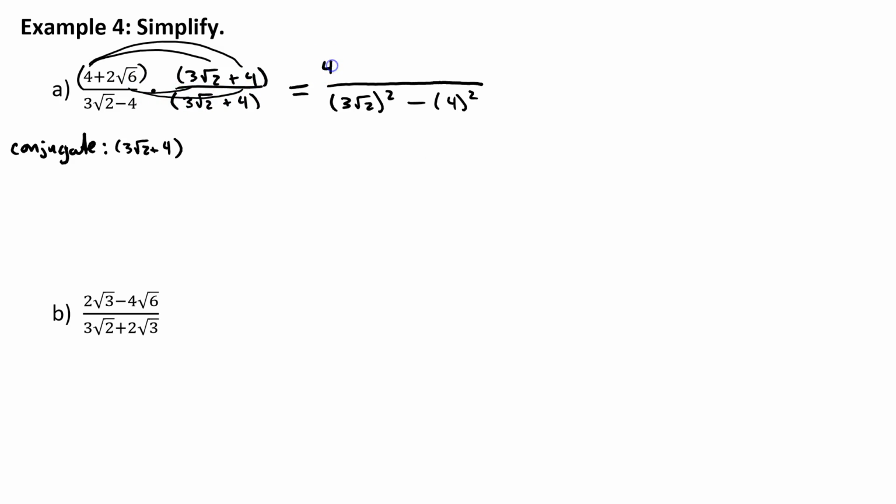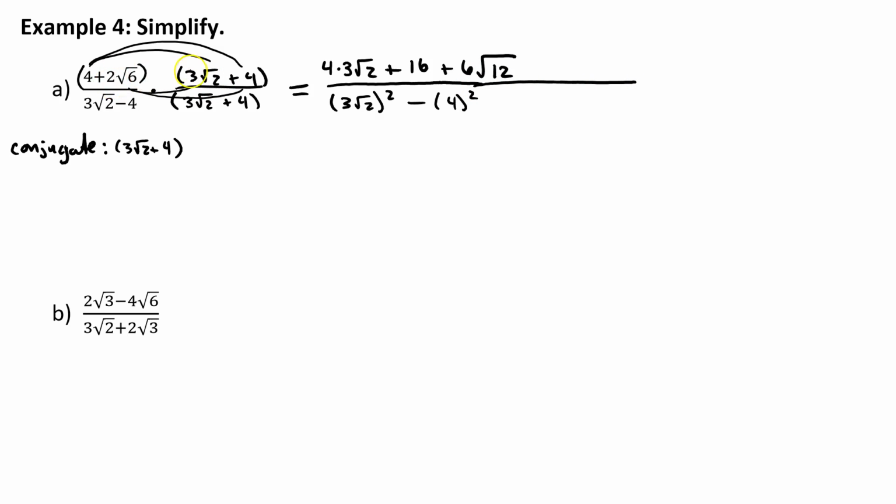So I'm going to say 4 times 3 root 2 plus 16 plus 2 times 3. 2 times 3 is 6. And what's underneath the radical is 6 times 2 is 12.